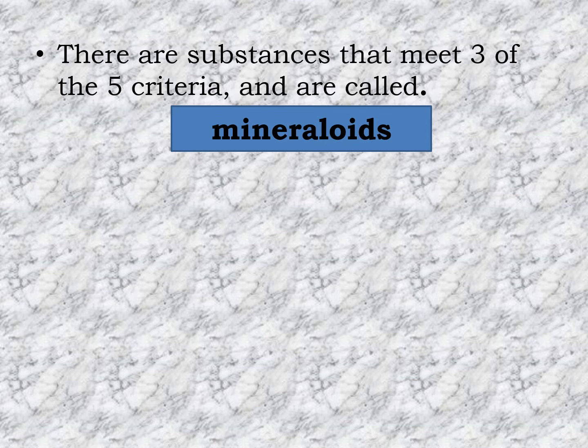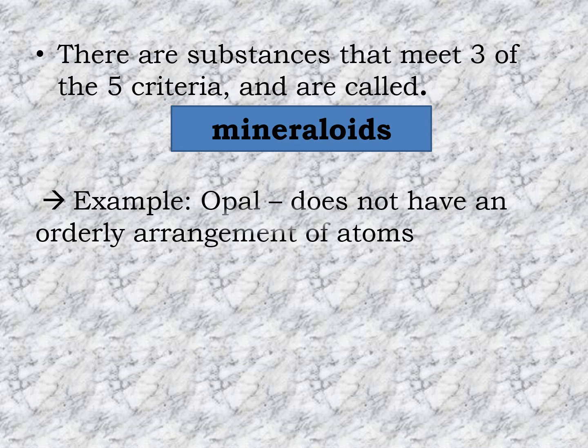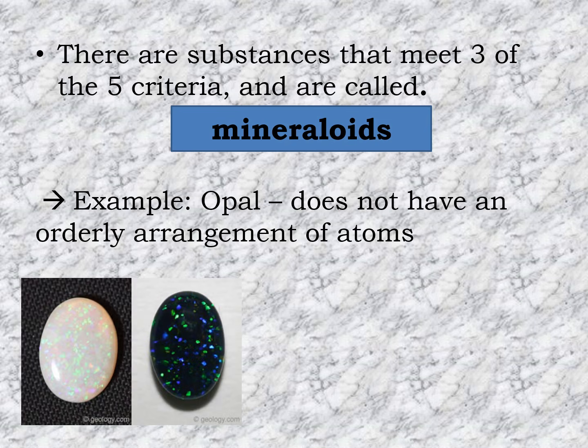Mineraloids possess chemical composition that varies beyond the generally accepted ranges for specific minerals. One best example is the opal. It is considered a mineraloid because of its non-crystalline structure.